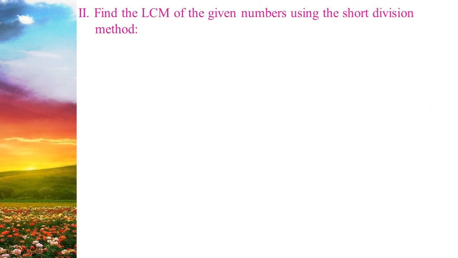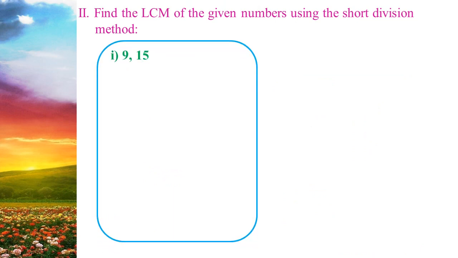Let's see the second Roman numeral: find the LCM of the given numbers using the short division method. LCM means least common multiple. The first problem is 9 and 15. Take 9 and 15 and divide by 3. 3 threes are 9, 5 threes are 15. On dividing by 3, 1 three is 3, and take 5.